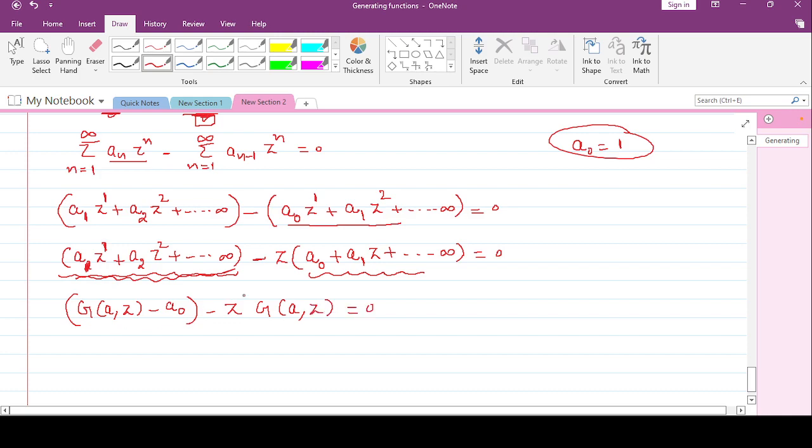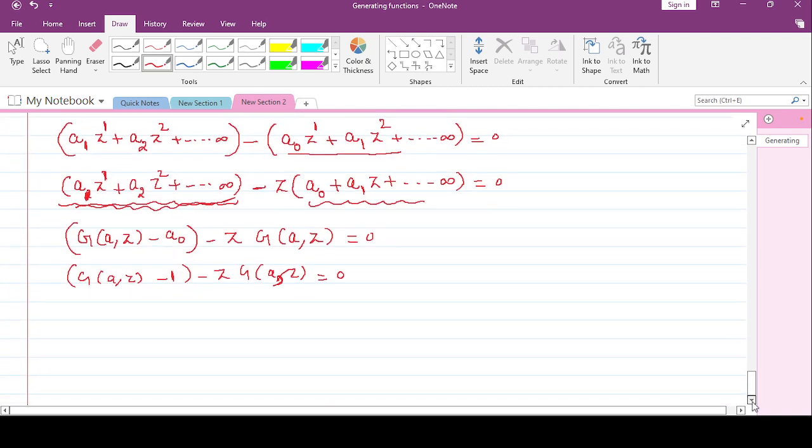After this you apply the condition that a_0 is equal to 1, so it is G(z) minus 1 minus z into G(z) equals 0. Now we combine the terms containing G(z).